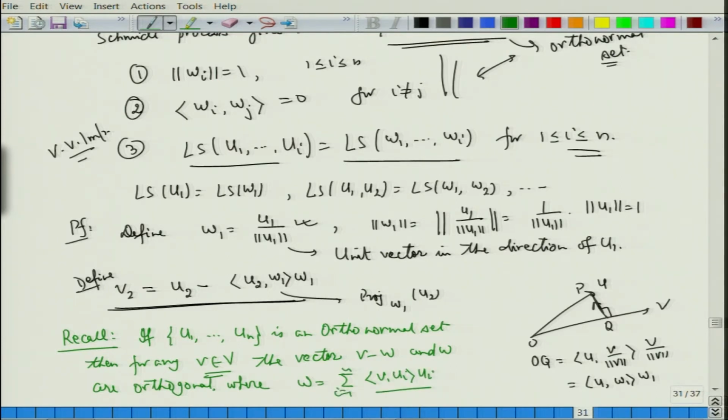This is what I had proved in one of the previous classes, that things are perpendicular, fine.